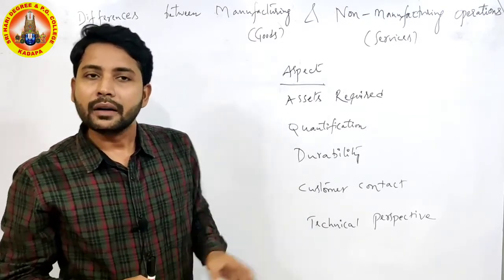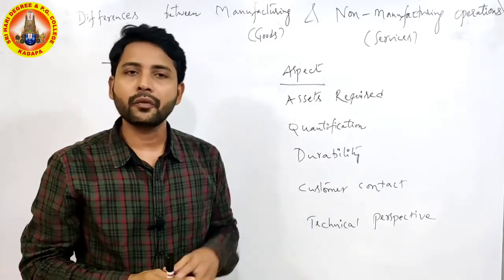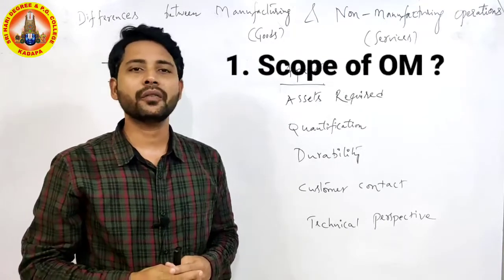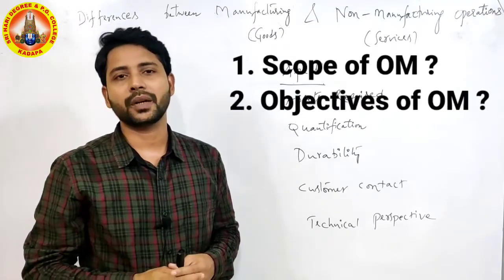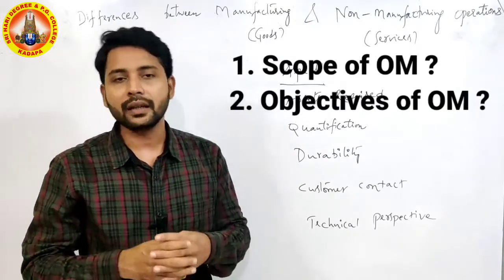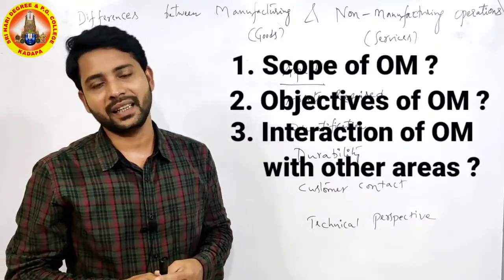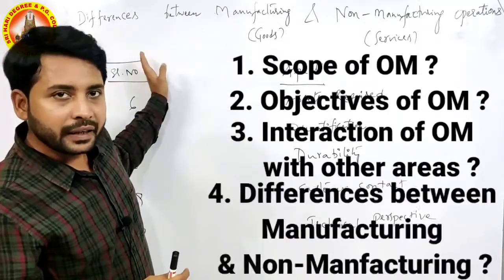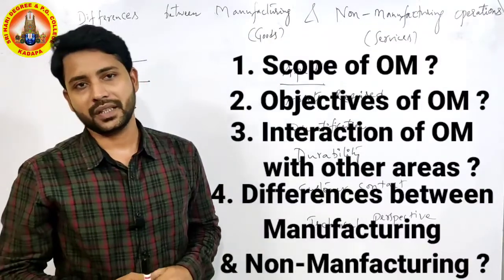Moreover, from this chapter in operations management, there are four important questions. The first is scope of operations management, and second is objectives of operations management. Third is interaction of operations management with other areas, and the last topic in Unit 1 is differences between manufacturing and non-manufacturing operations.